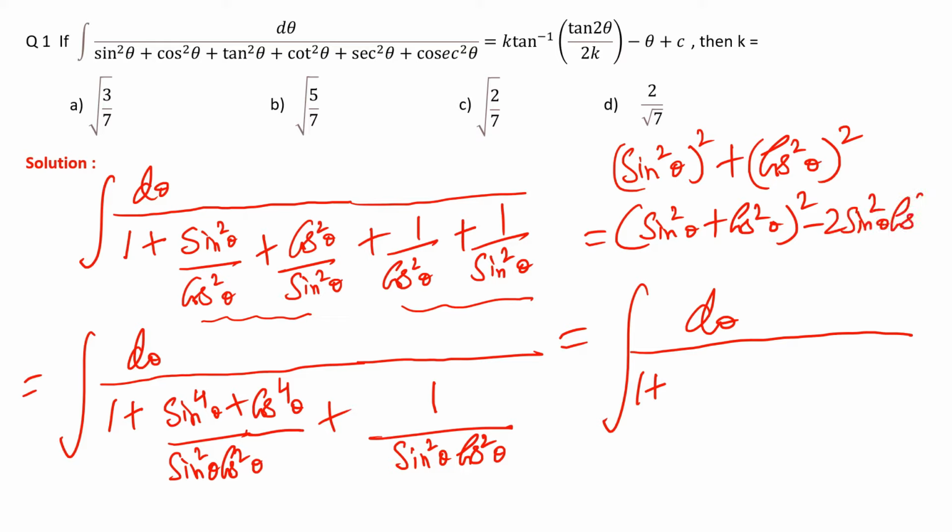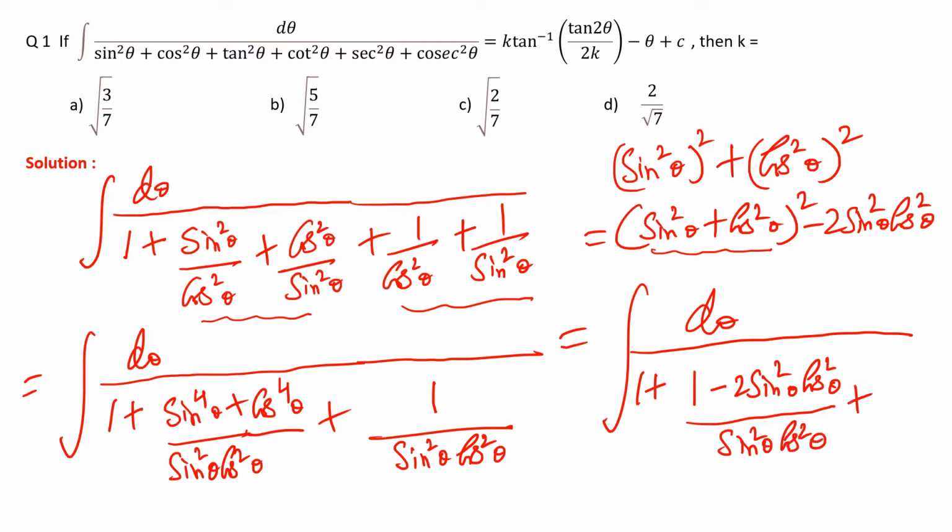Fine. Now sine square theta plus cos square theta is nothing but 1. So that means this second middle term we can write as 1 minus 2 sine square theta cos square theta whole divided upon sine square theta cos square theta. Fine. And the third term is just 1 upon sine square theta cos square theta.